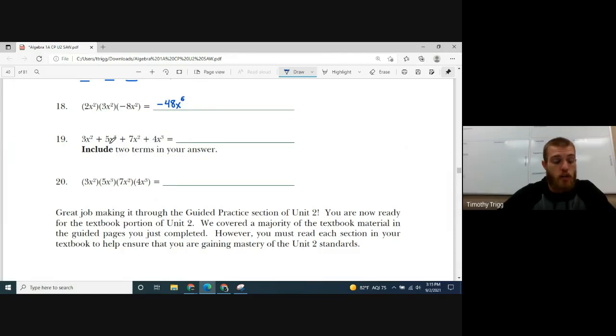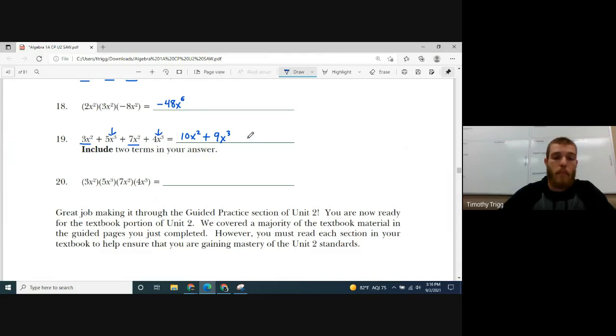Let's go ahead and combine like terms here. Well, this 3x squared can combine with what? Well, this 7x squared. These can combine together. So that's going to make 10x squared. And we can combine this 5x to the third plus this 4x to the third, and that makes 9x to the third.